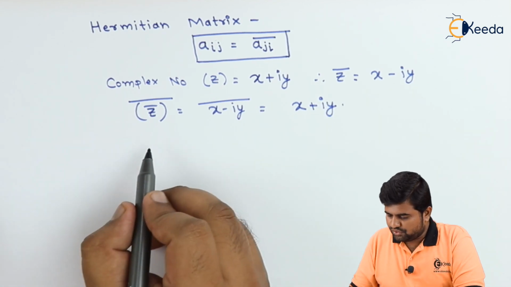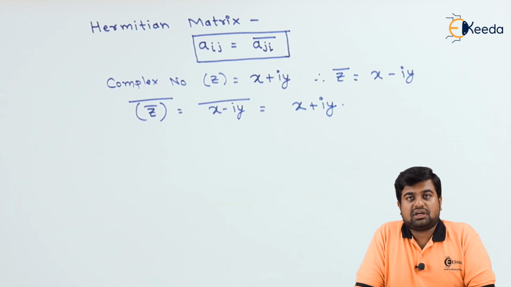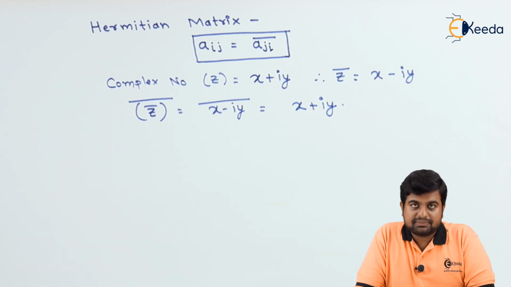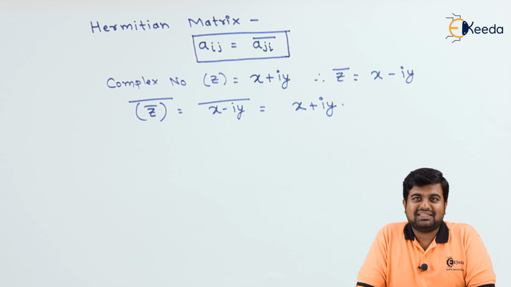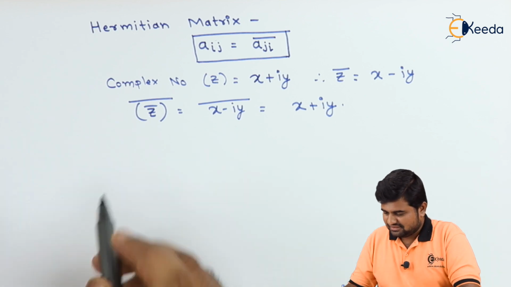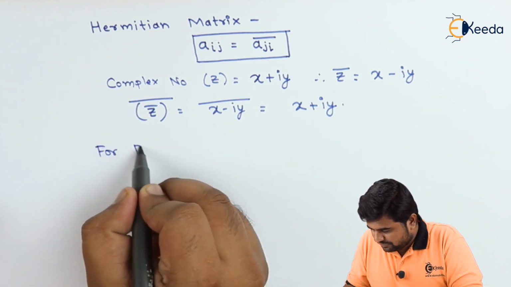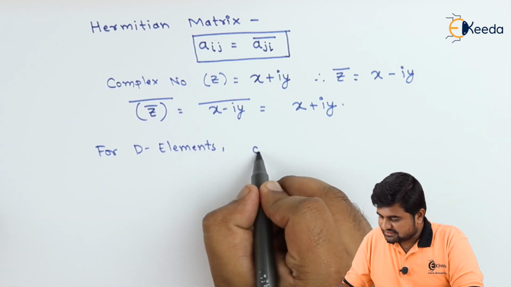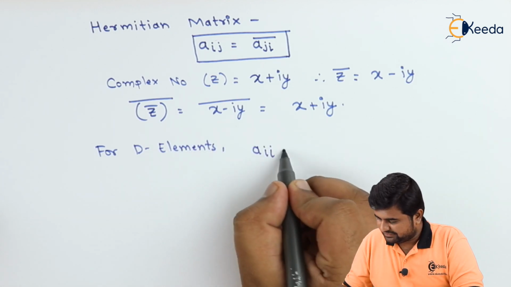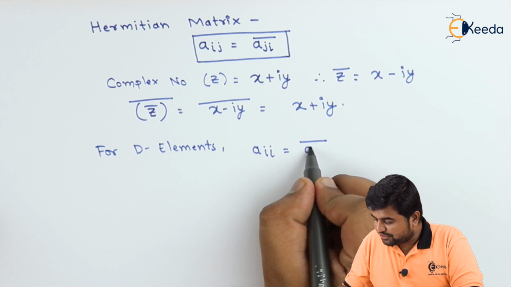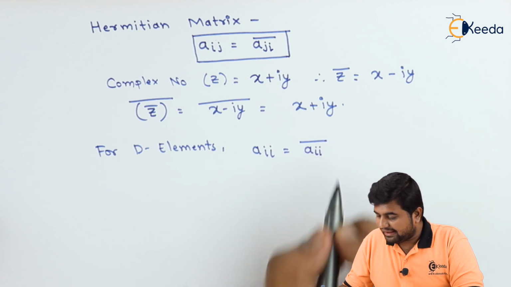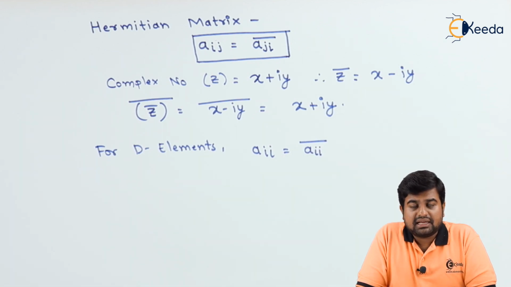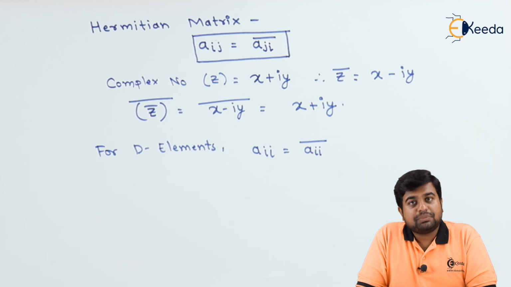In order to study what the diagonal elements of a Hermitian matrix are, let us focus on the diagonal elements, that is A11, A22, A33, that is Aii. So for diagonal elements, Aii is equal to the conjugate of Aii. Basically, any number and its conjugate should be the same.